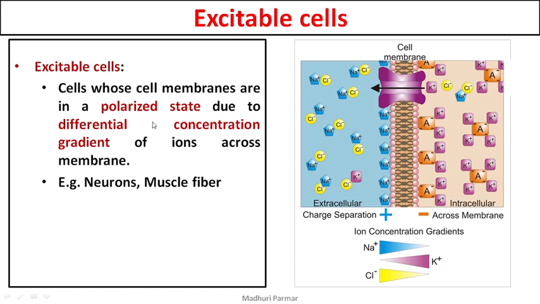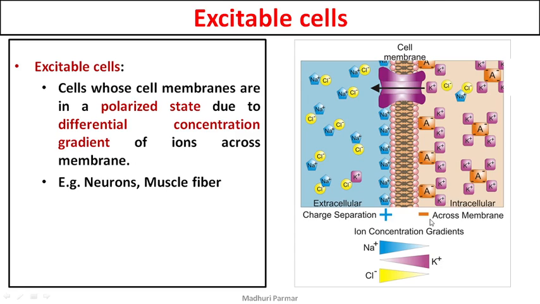Wherever you hear this term polarized, think of poles, like north pole, south pole. In case of charges, you have a positive end and a negative end, right? Same way here also, polarized means it has two different ends, two different charges. For example, look at this diagram.